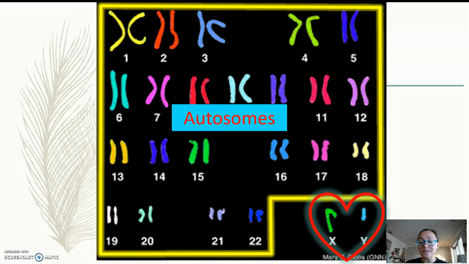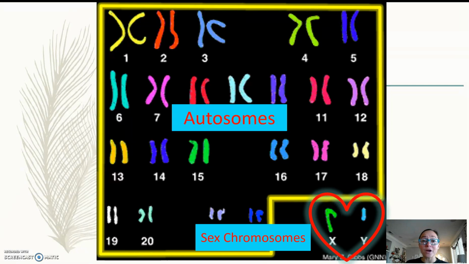Or when we look at our sex chromosomes, for example, colorblindness is inherited on the X chromosome, so you would say colorblindness is sex-linked recessive. So traits are inherited either on autosomal chromosomes or sex chromosomes.